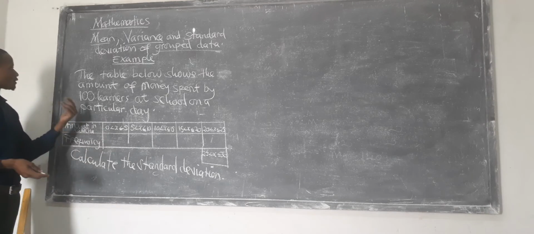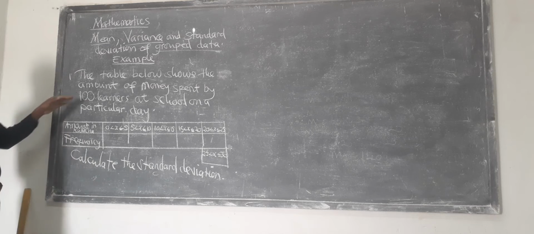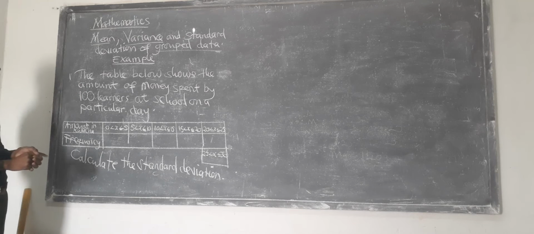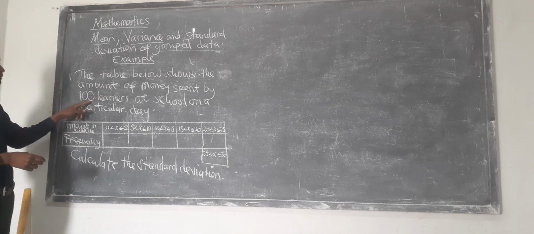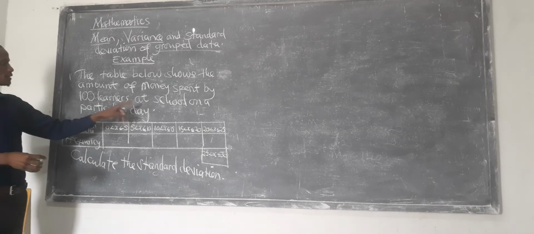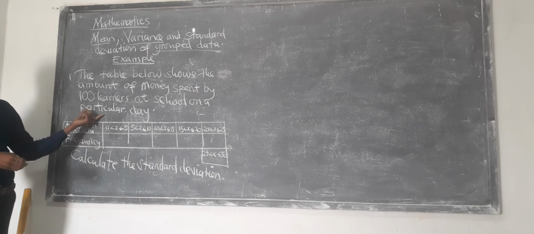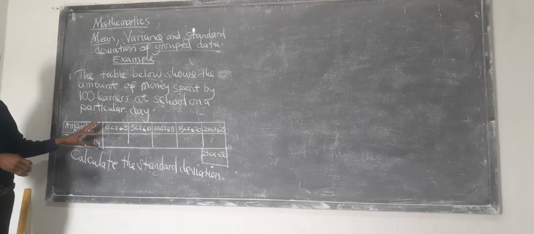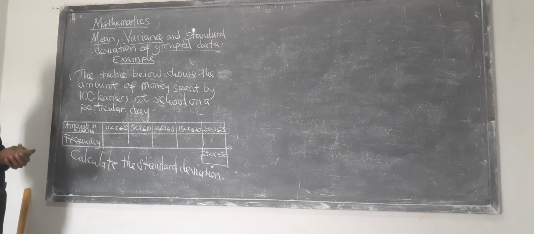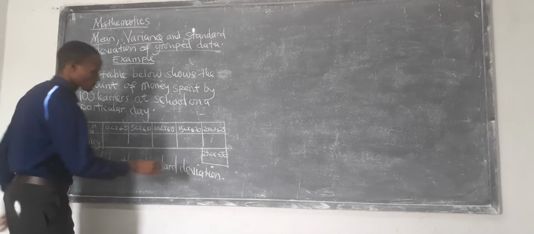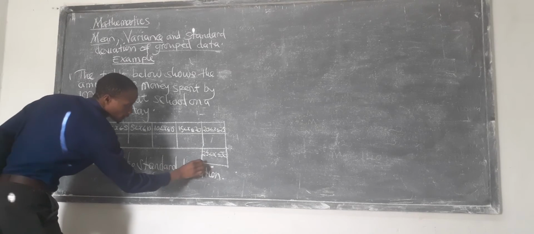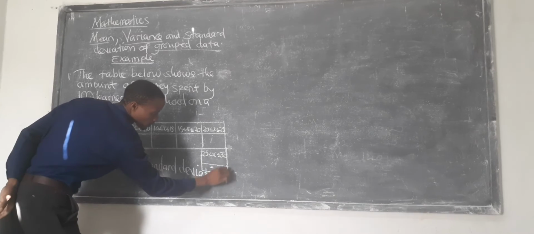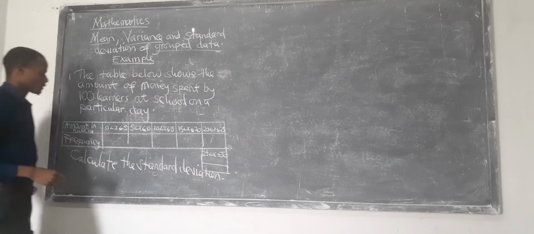So the question is, the table below shows the amount of money spent by 100 learners at school on a particular day. This is a table showing the amount of money spent by the learners on that particular day. My table had finished here, so I just included this part.